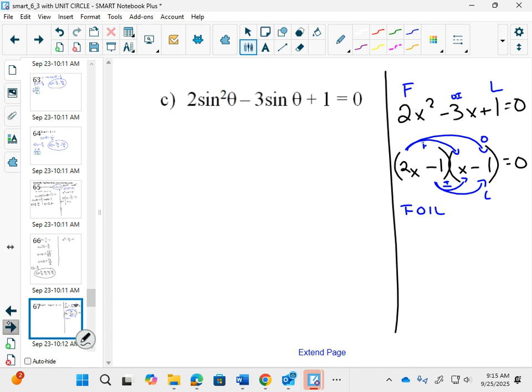Once you are done factoring, always double check it by multiplying it out again. Do my first ones, 2x squared, give me this, yes. Do my last ones, minus 1, give me plus 1, yes. Do my outside and inside, give me minus 3x, yes. Always double check. Because sometimes our brain can play tricks and we do an easy mental math error. That double check is really important.